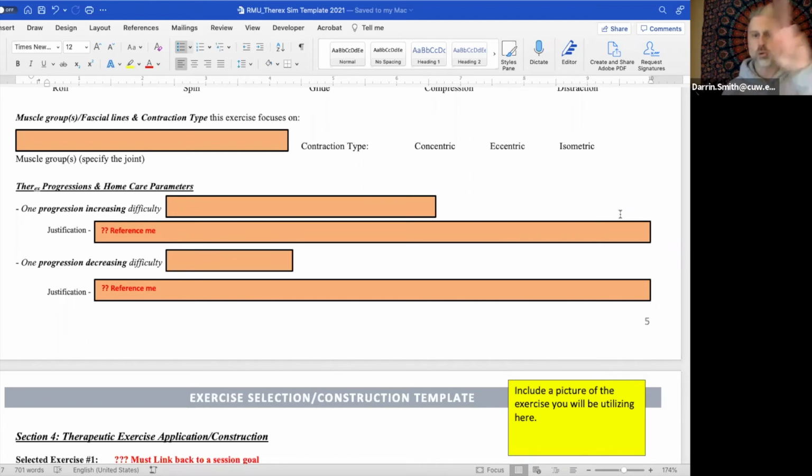Let's just say two things at once. So now we're looking at dual task training, right? Can they perform counting or reciting something, or identifying and looking at something as they are doing that single balance task that you asked them to do, right?